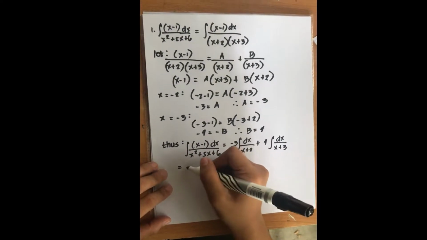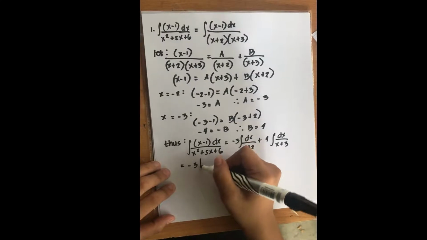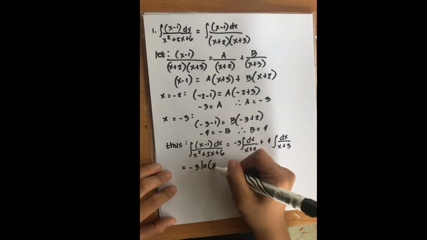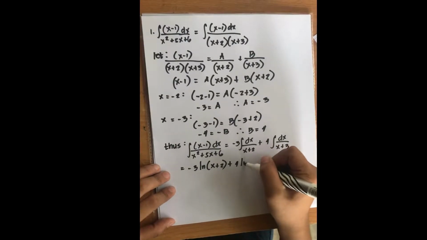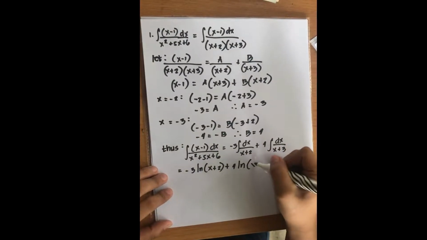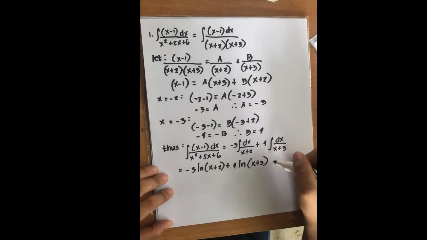Then the answer is negative 3 natural log of x plus 2 plus 4 natural log of x plus 3 plus c.